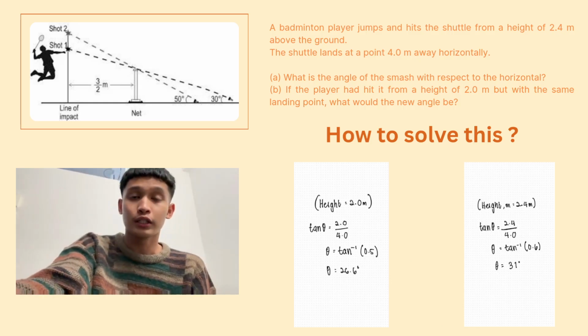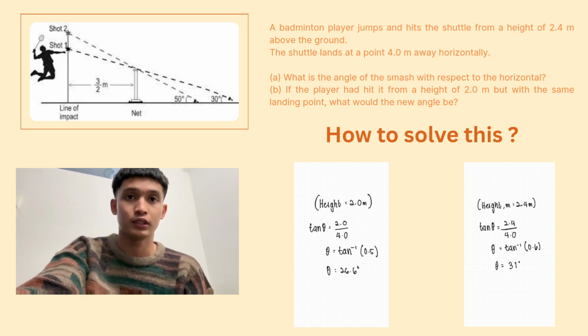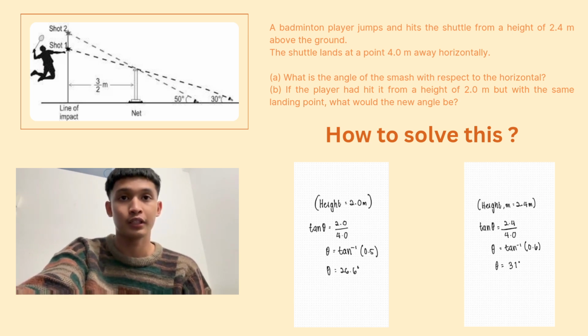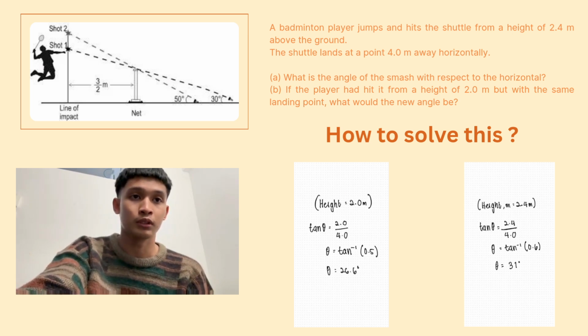Okay, now we have an example question in a diagram. The question is: a badminton player jumps and hits the shuttle from a height of 2.4 meters above the ground. The shuttle lands at a point 4.0 meters away horizontally.